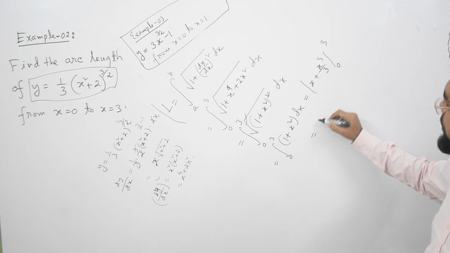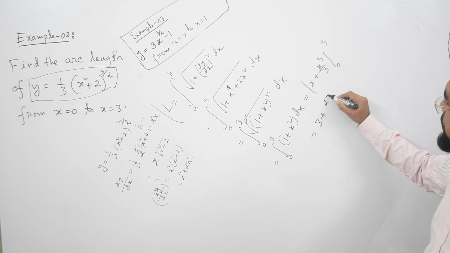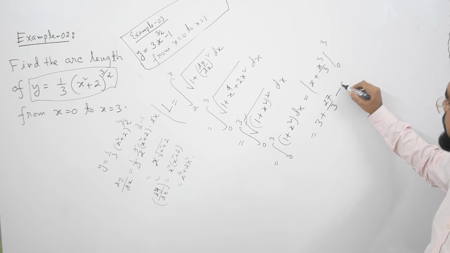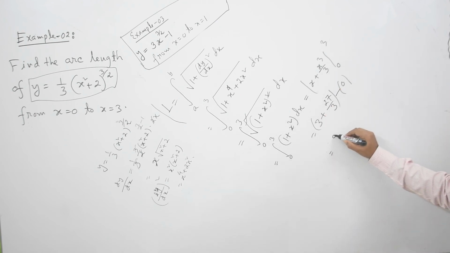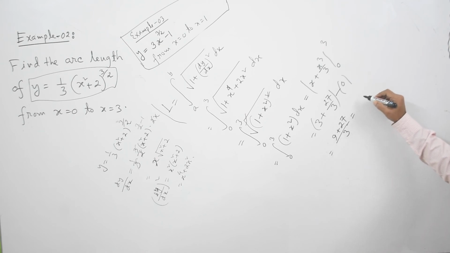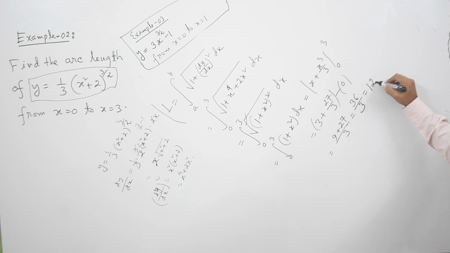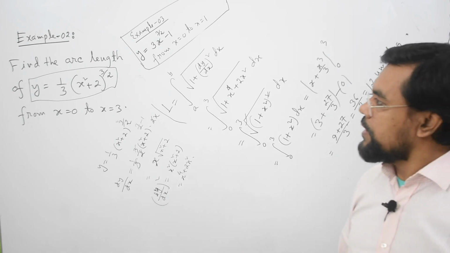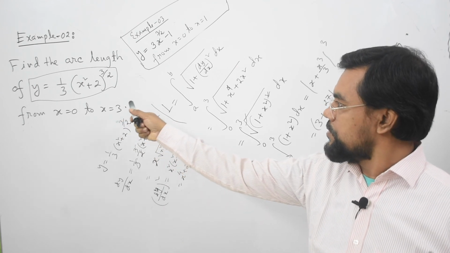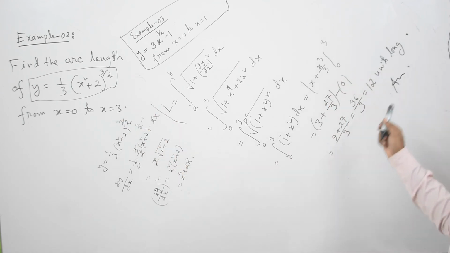If you put 3 here, 3 plus 27 by 3 minus 0, which is equal 9 plus 27 by 3, which is equal 36 by 3, which is equal 12 units long. So this is the answer. The arc length of this curve from 0 to 3 is 12 units long.